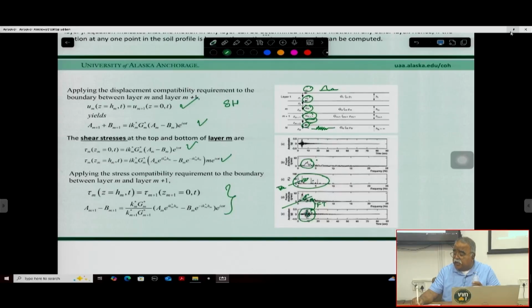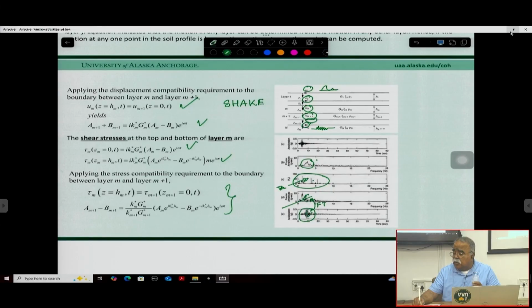This code is a very famous code that all geotech engineers use. It is called SHAKE, S-H-A-K-E. This is your SHAKE code. The SHAKE code will take care of it.